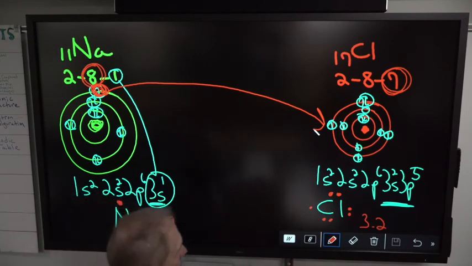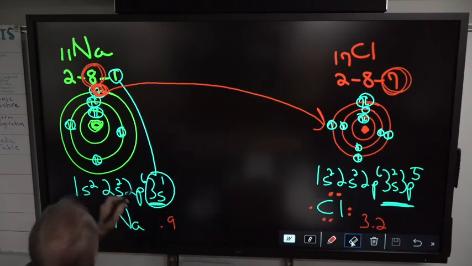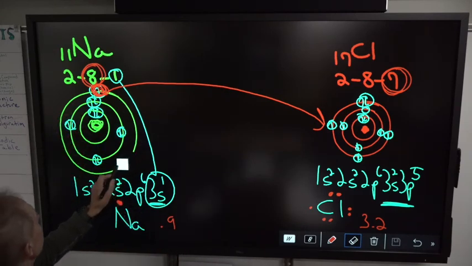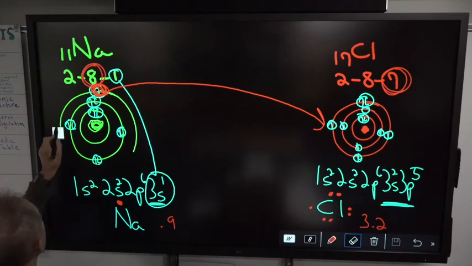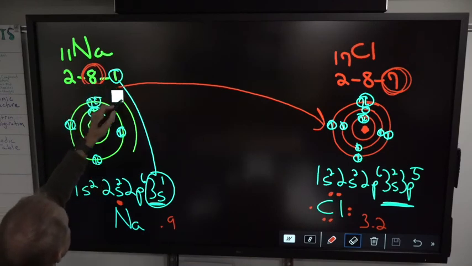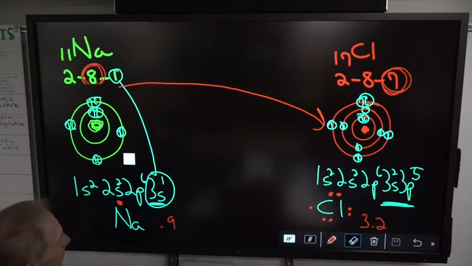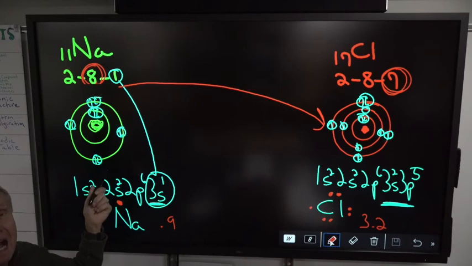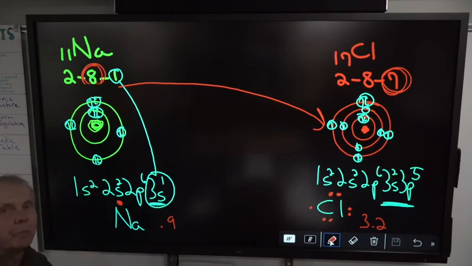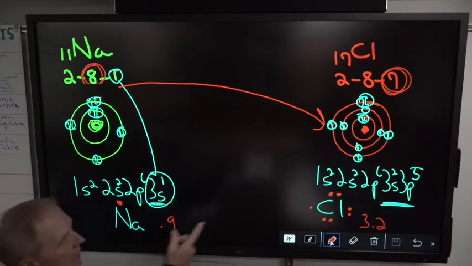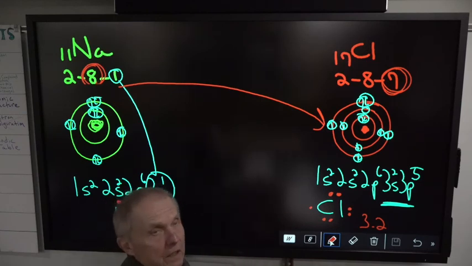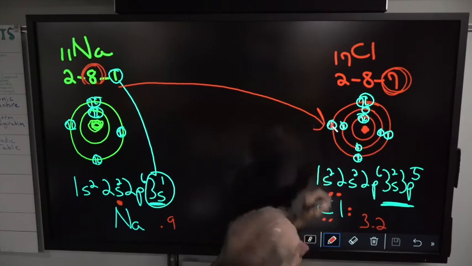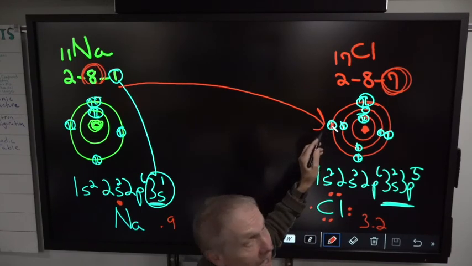Now watch. Once sodium loses that electron, it loses the entire third shell. So now the ion of sodium is much smaller than the atom. On the other hand, chlorine is going to gain an electron right here. And that's another negative.